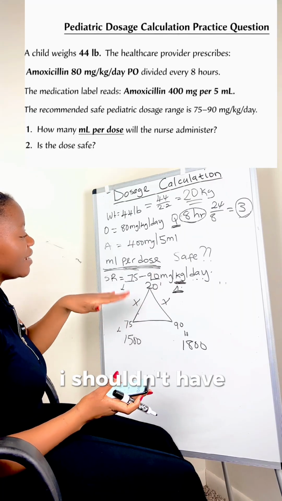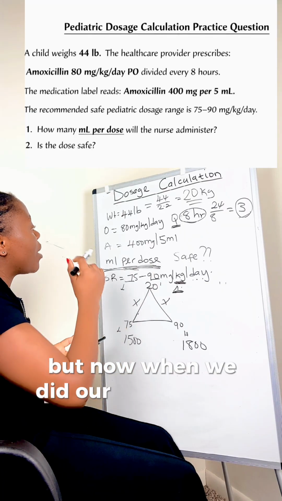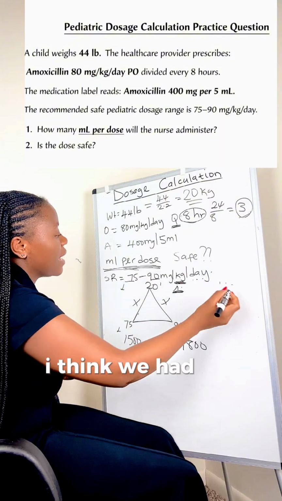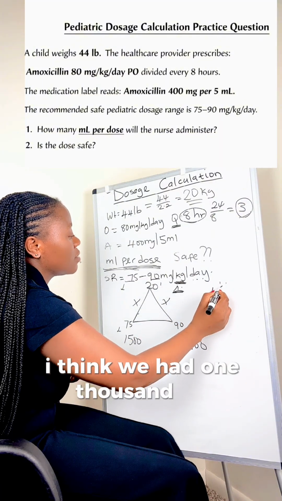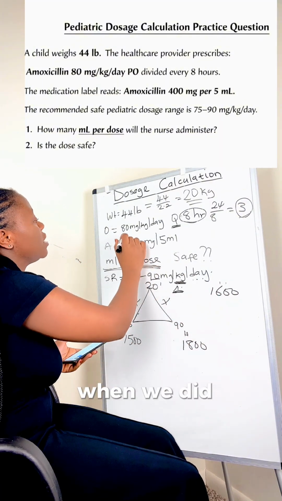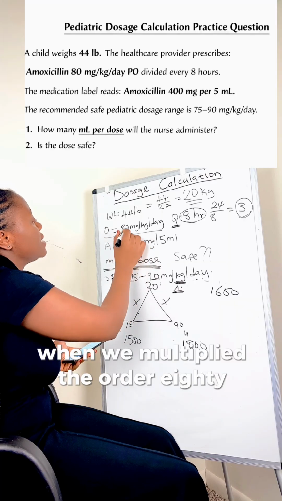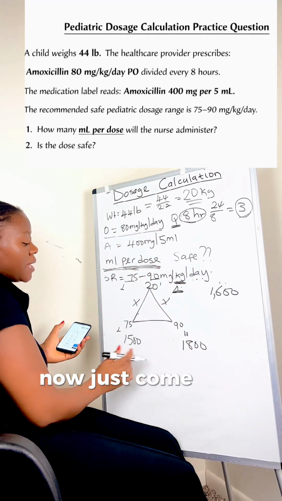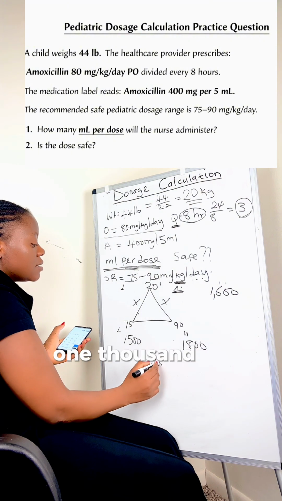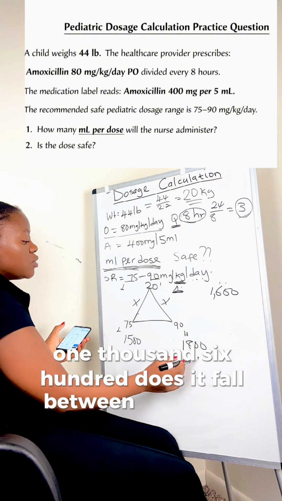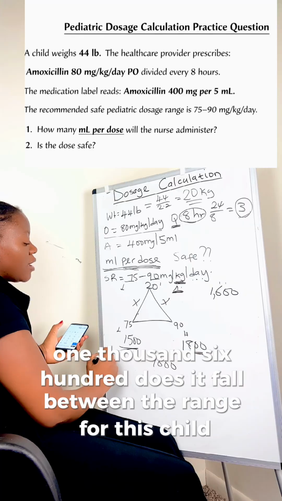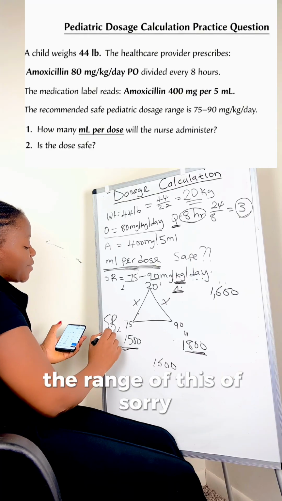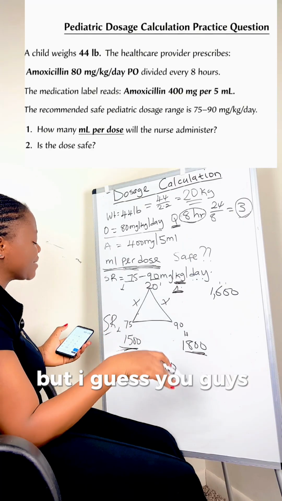I should have erased that. But now when we did our order for the child, we had 1,600. When we multiplied the order 80 times the weight of the child, it was 1,600. Now just come here and check. Does 1,600 fall between the range for this child? I don't know how to put the English, but I guess you guys are understanding.